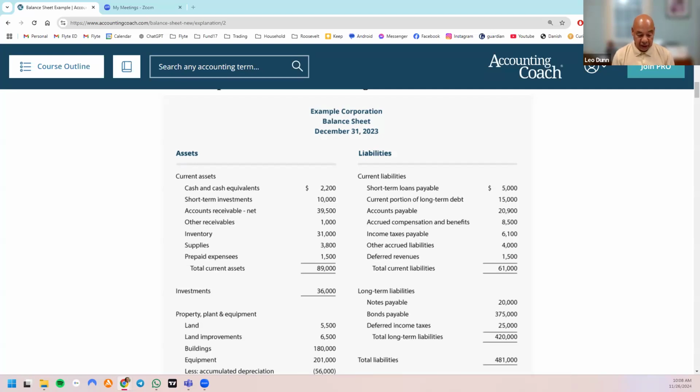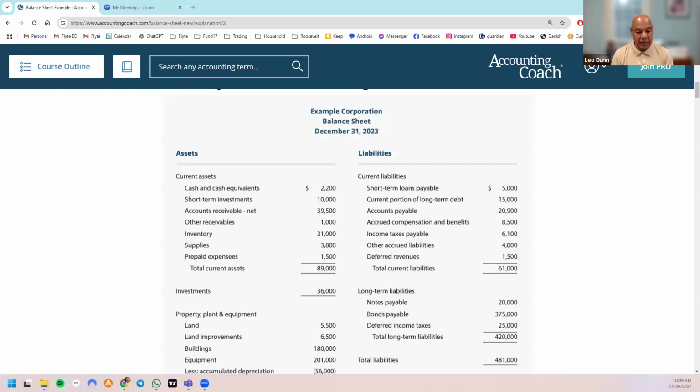Your inventory, the items you hold on hand that are available for sale, again, those would be considered a current asset. Any supplies that you hold on hand that you expect to expend over the next 12 months would be a current asset. Prepaid expenses.